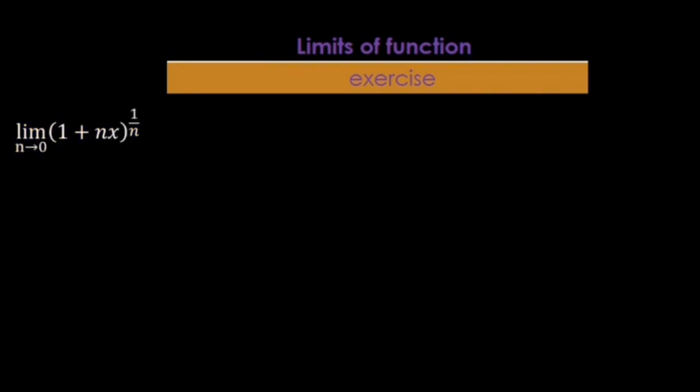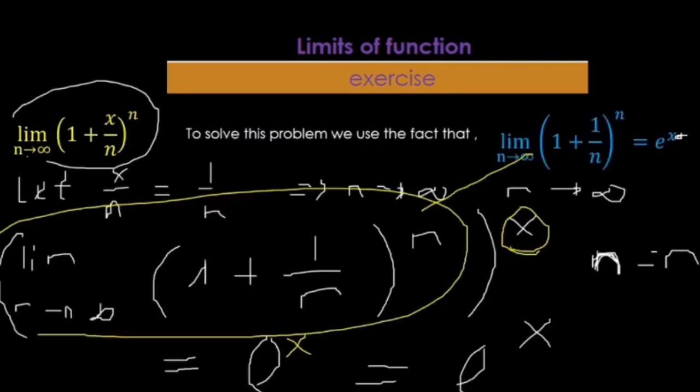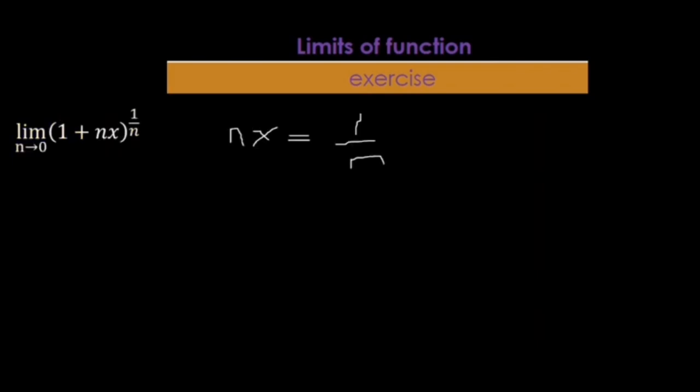n tends to 0. We apply the same principle. Let nx equal 1 all over m. And we need to have something like this. That is our purpose. Okay, therefore as n tends to 0, m tends to infinity. Since m is equal to what? 1 all over nx, 1 over 0 is infinity.